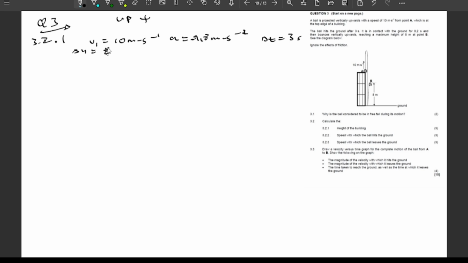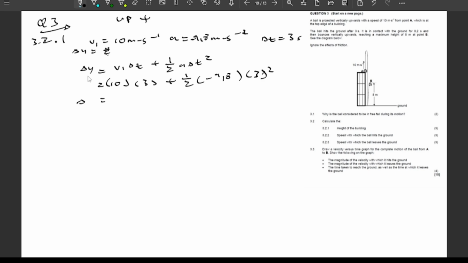So after this, what can I do? I can now use this equation, which is the change in y. Let me write it here. Change in y is equal to v initial change in t plus 1 over 2 a change in t squared. So after this, I substitute my 10, my change in t, which is 3, my 1 over 2, negative 9.8, and 3 squared.